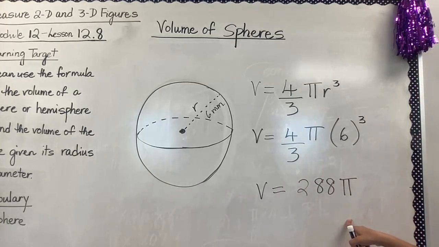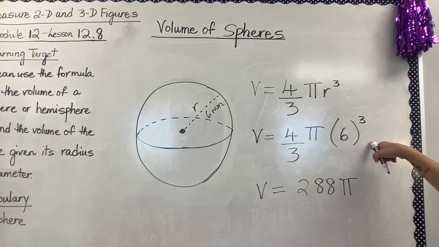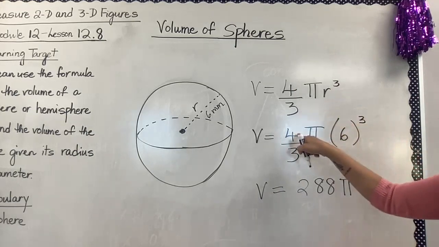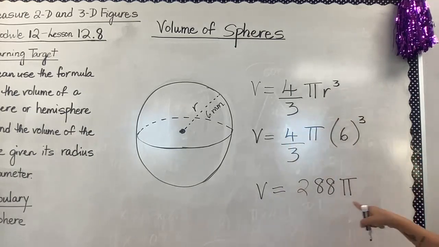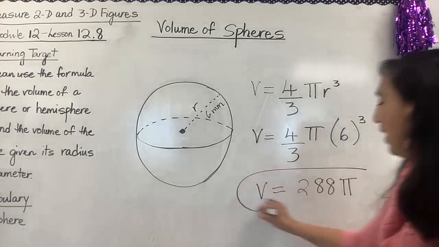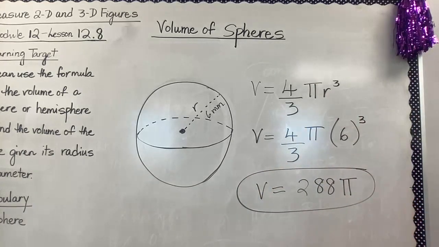That's what this means. So 6 times 6 times 6, and then times 4 divided by 3, and I am going to end up with this as my volume in terms of pi.